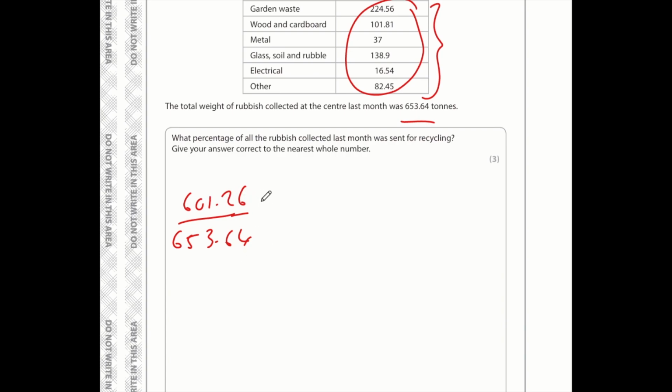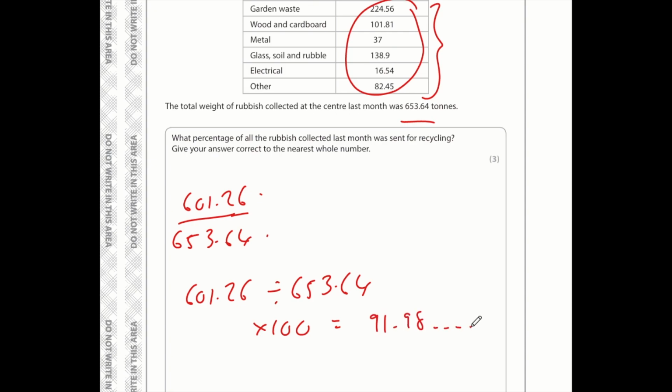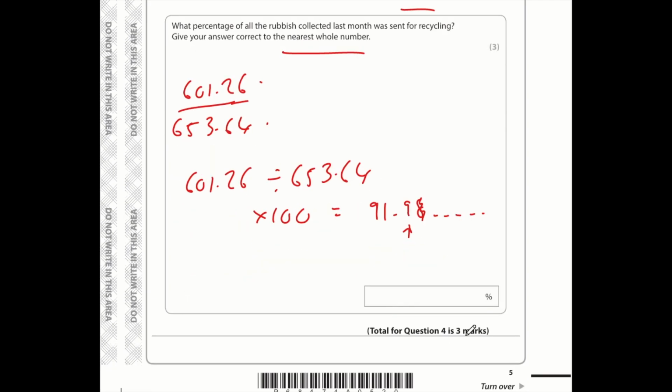To turn a fraction into a percentage, it's top divided by bottom times by 100. So 601.26 divided by 653.64 multiplied by 100, and that comes to 91.98. The number carries on, but we only want the nearest whole number, and since the first decimal place is a 9, that will therefore round up to 92%.